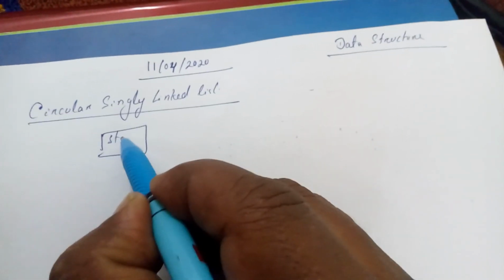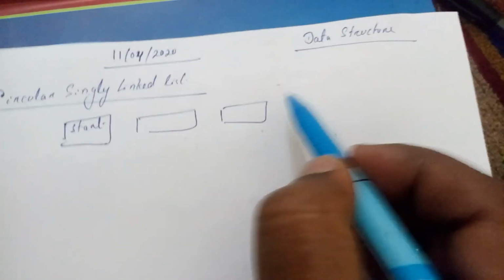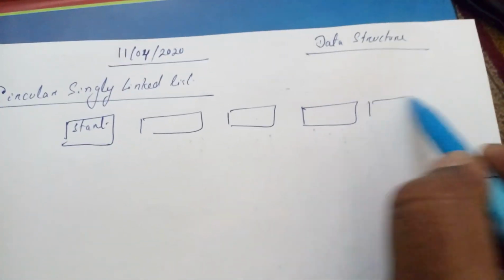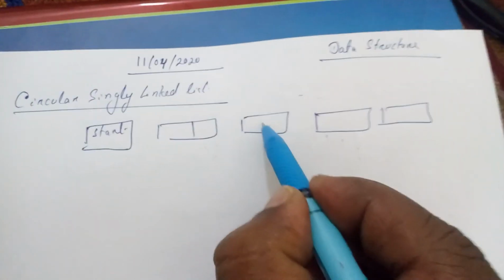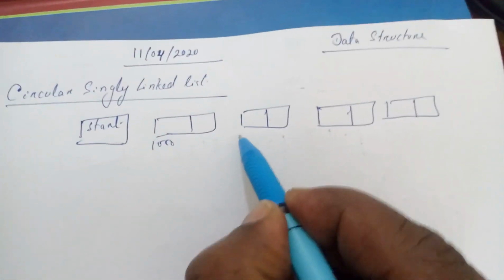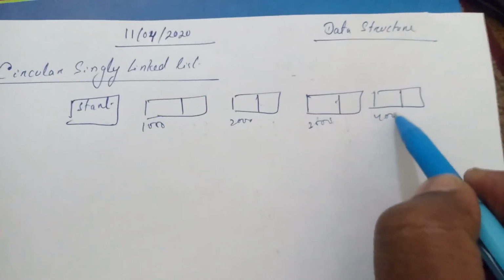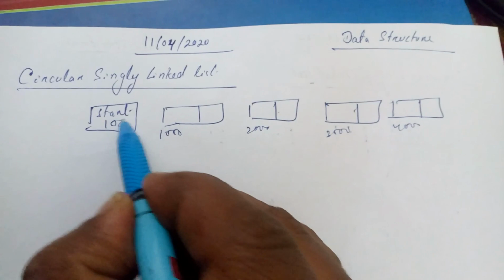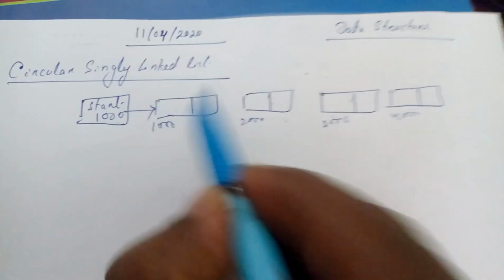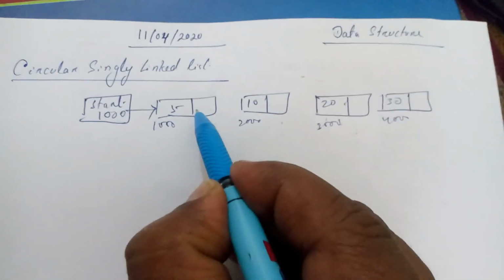It is a single linked list. It is having a start pointer with a number of nodes. Suppose here 4 different nodes are there with different addresses. Start is having the starting address, and the values are, suppose, 5, 10, 20, 30.